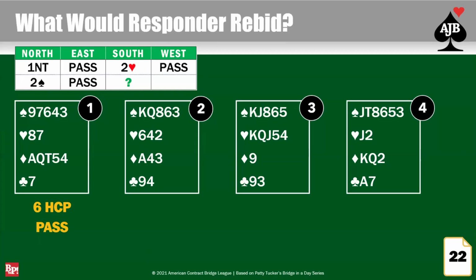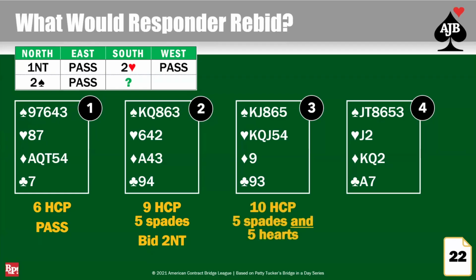On number 2, we have 9 high card points. We have 5 spades. We already told partner we had 5 spades. So what would we rebid? 2 no trump. I only have 5 spades. I have 8 or 9 points. Number 3, that's that tricky one. We bid 2 hearts to tell partner we had 5 spades, but we also have 5 hearts.